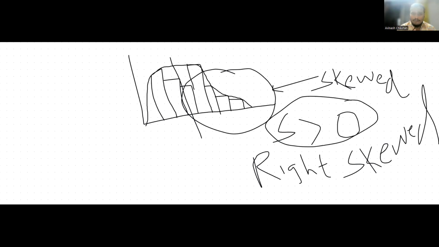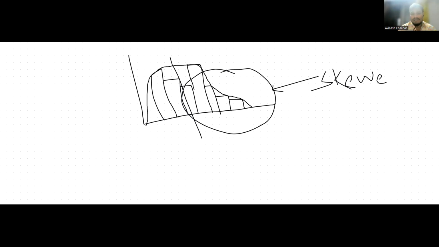Okay. And how will we check the skewness? You will check whether it is normally distributed or not. For example, I'm taking a normal graph, and here I'm drawing a line like this.